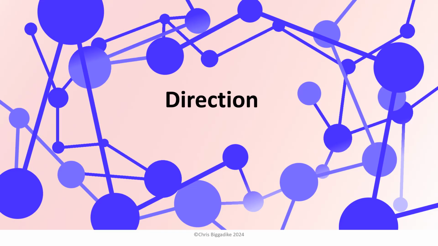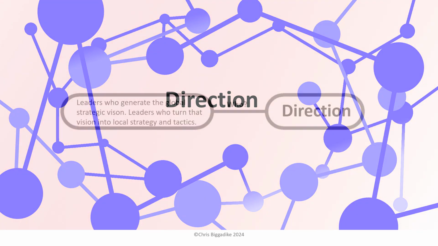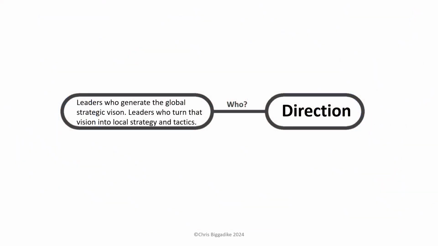Now let's take a closer look at direction. Direction is generated by leaders who create the global strategic vision, and leaders who turn that vision into local strategy and tactics.